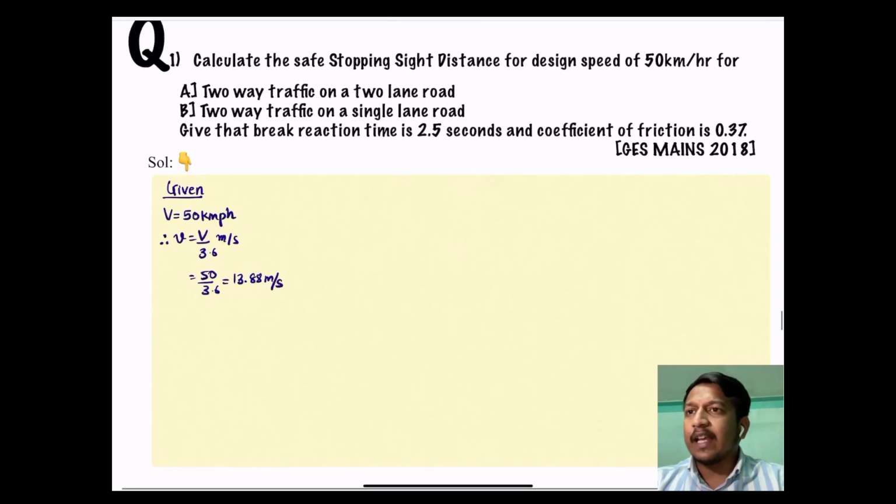So first, we'll calculate for two-way traffic on the road. The F value is given as 0.37 and the reaction time is given as 2.5 seconds.